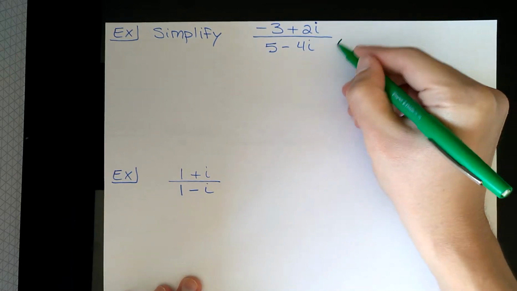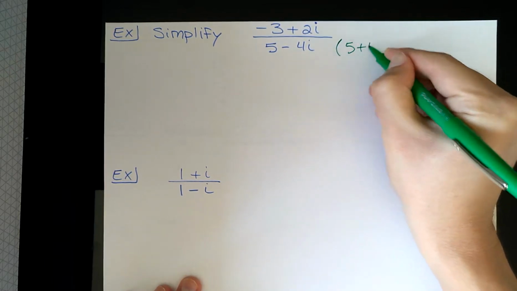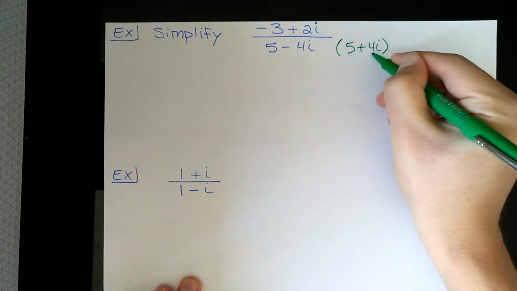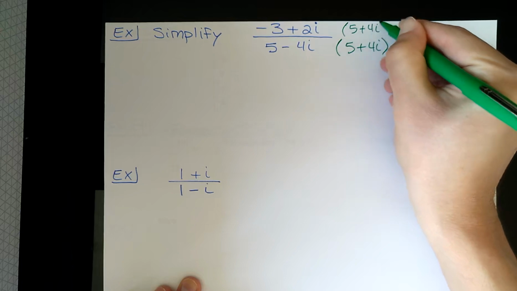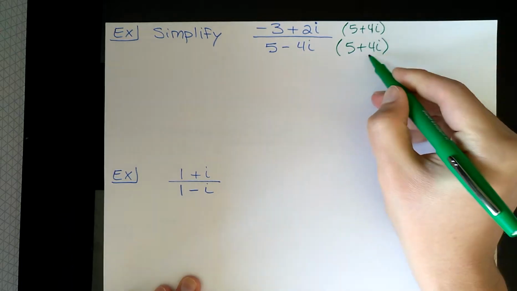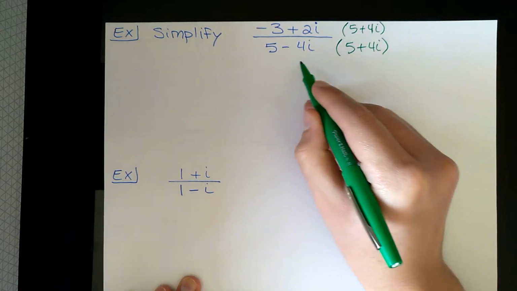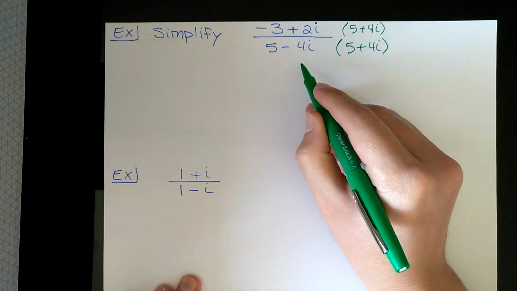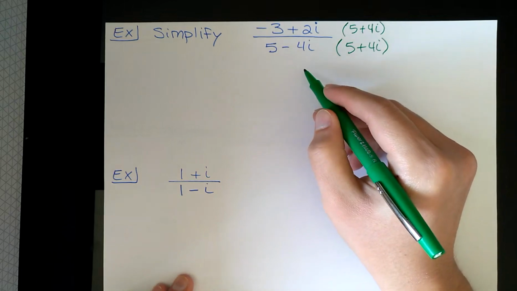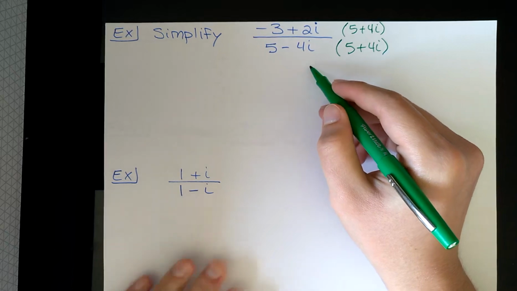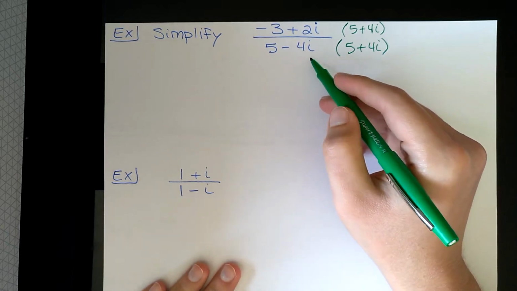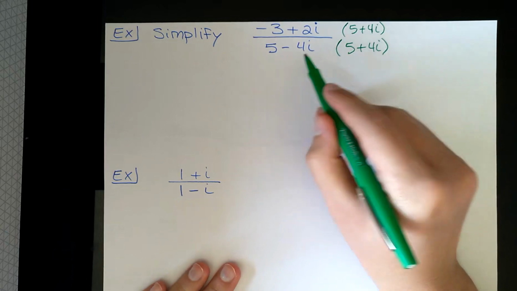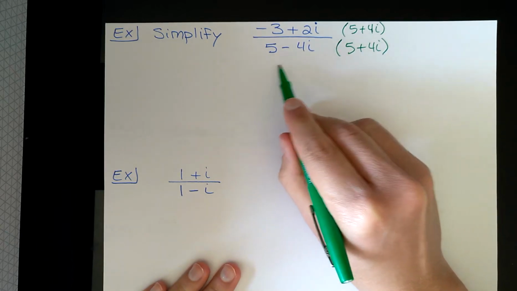If we multiply the top and bottom of this fraction by 5 plus 4i, then that will leave us with only a real number in the denominator, which we can then simplify. So, always remember, whenever you have a fraction involving complex numbers, multiply the top and bottom by the conjugate of the denominator.